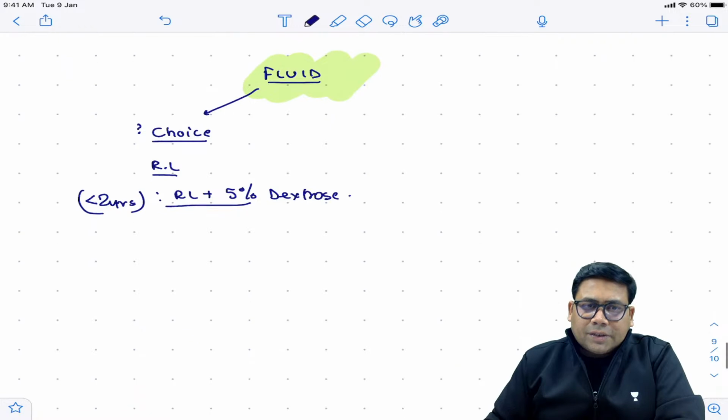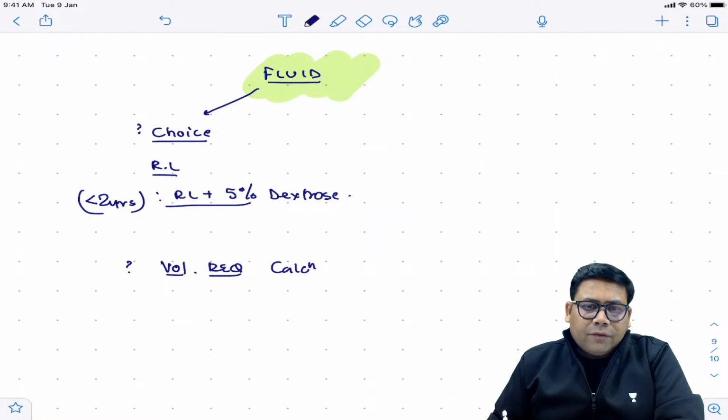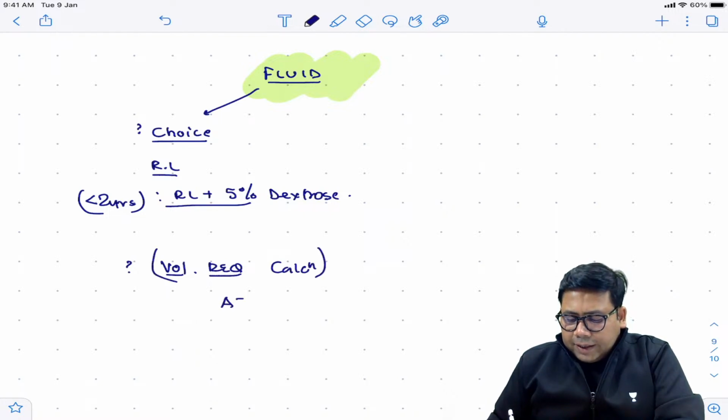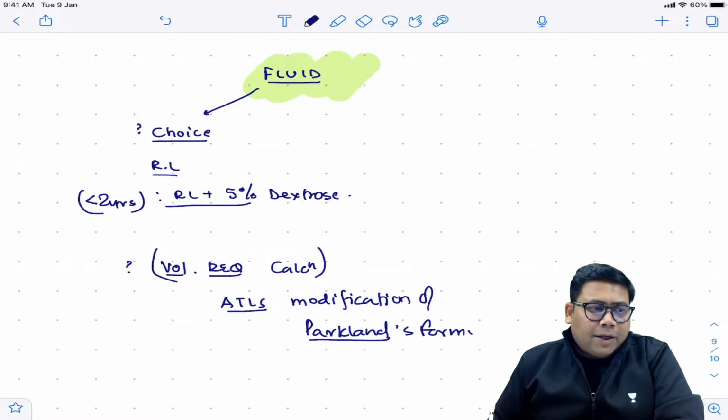Now the next question is, what is the volume requirement calculation? For volume requirement calculation, we are now using the ATLS modification of Parklands. What is that ATLS modification of Parklands? For that, you need to understand the standard Parklands formula.